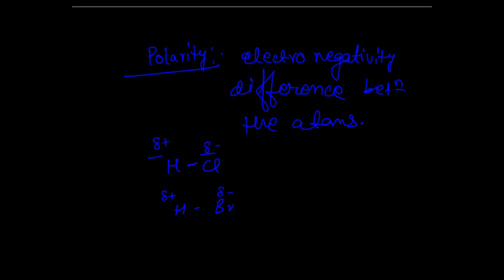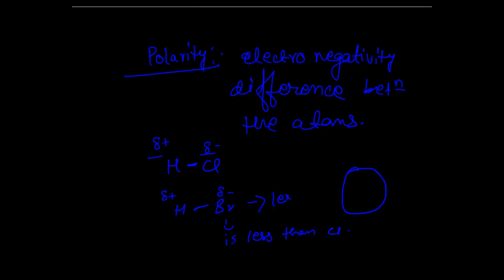But how is the electronegativity in HCl compared to HBr? Now, bromine is larger in size, so it is difficult for bromine to attract electrons towards its side. So the electronegativity of bromine is less than chlorine. Since the electronegativity of bromine is less than chlorine, the bond is less polar in this case.